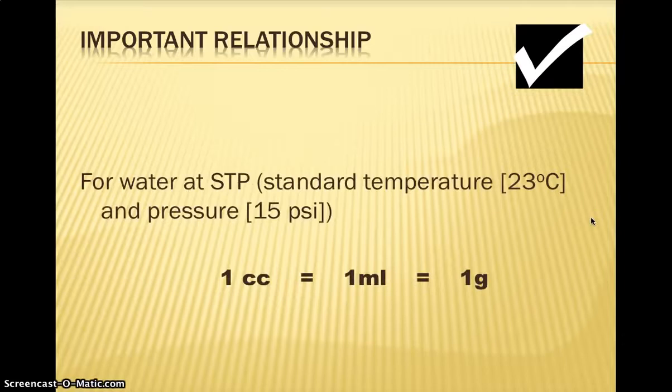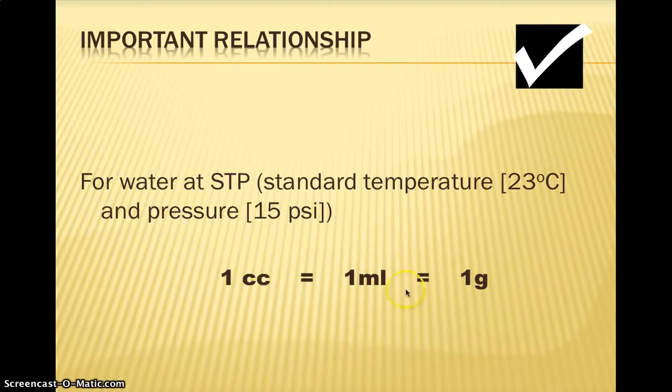Another important relationship to remember is equivalent units. For standard temperature and pressure on the surface of the earth, under normal conditions, 1 cubic centimeter is equal to 1 milliliter. And that's equal to 1 gram. So you can use all of these interchangeably. What I mean is on the AP exam, you might see 1 cubic centimeter.